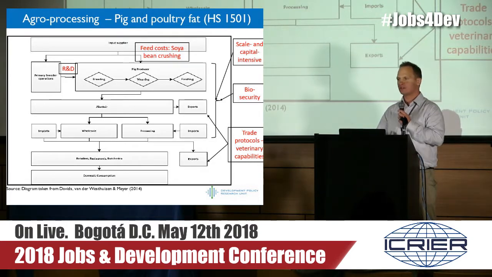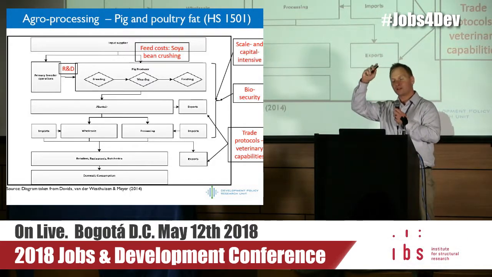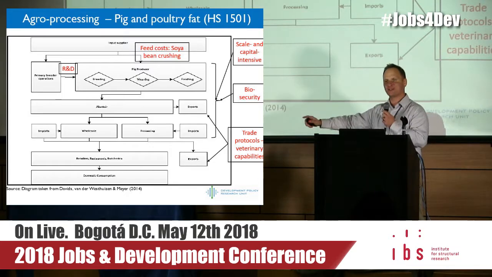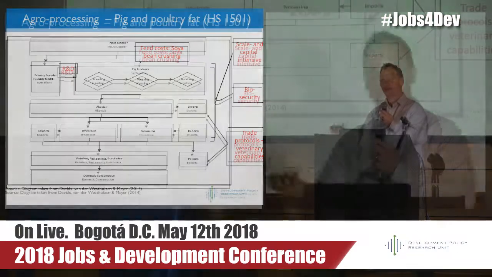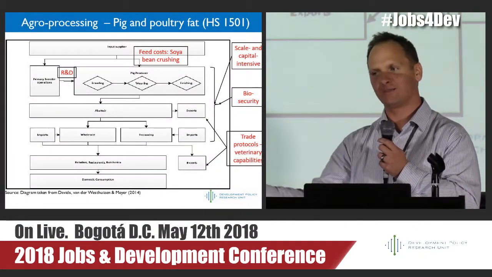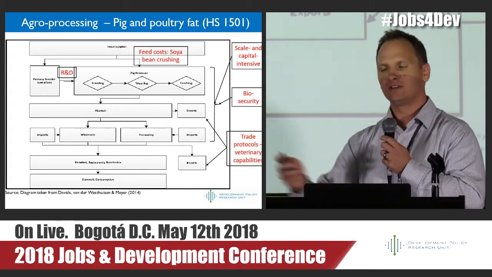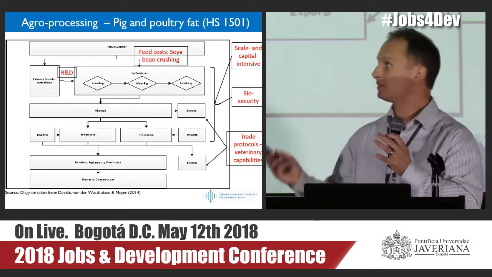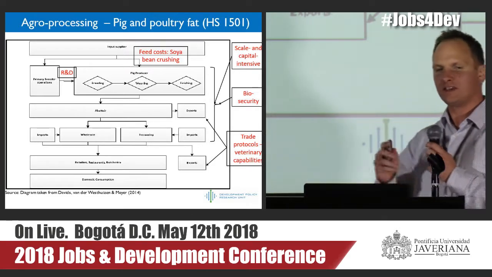That minimizes the risk of disease spread, and you also have to be able to follow the meat through the value chain, so that if there is a problem, a disease, you can link it back to the source. It's the institution, I suppose, that needs to be in place.